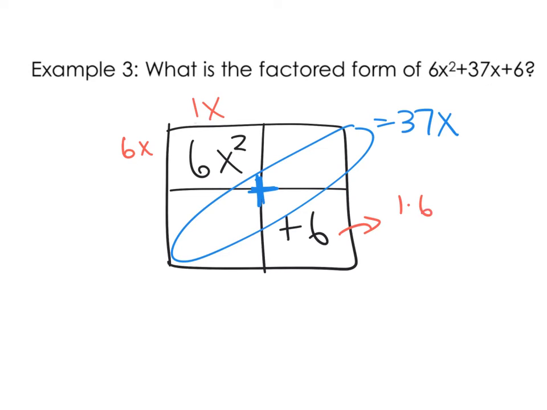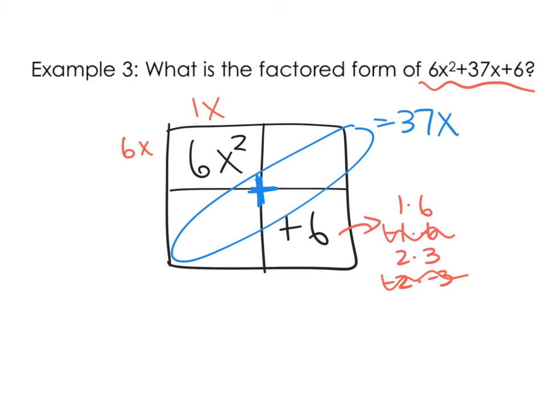So we could have 1 times 6, negative 1 times negative 6, 2 times 3, or negative 2 times negative 3. Now, our polynomial had only positives in it, so I don't think these negative options are going to help, which really helps when I'm going to do the guess and check to narrow down my options.